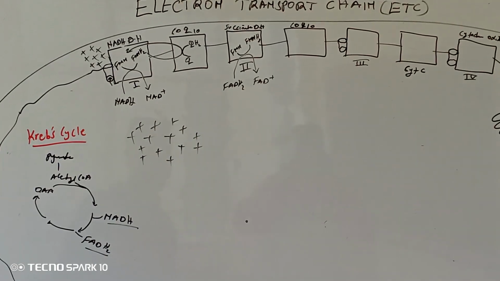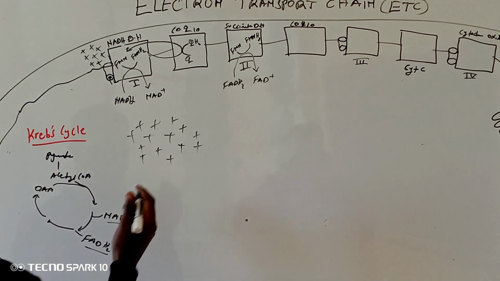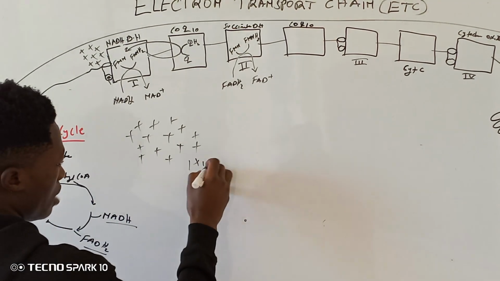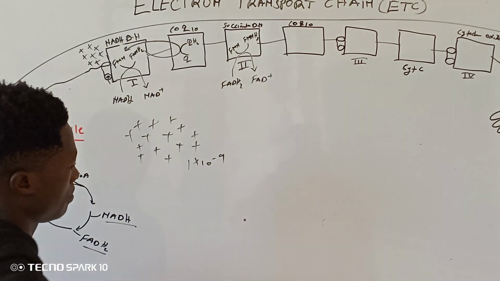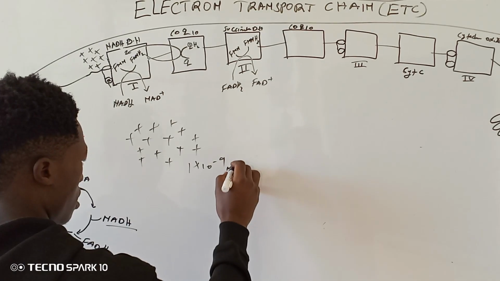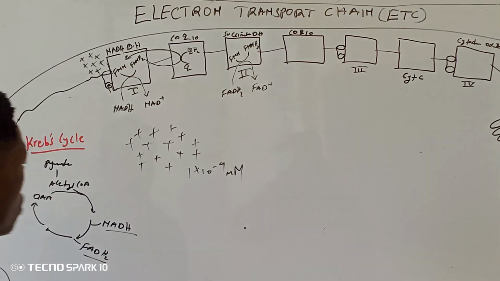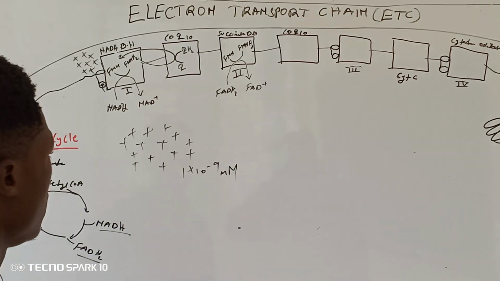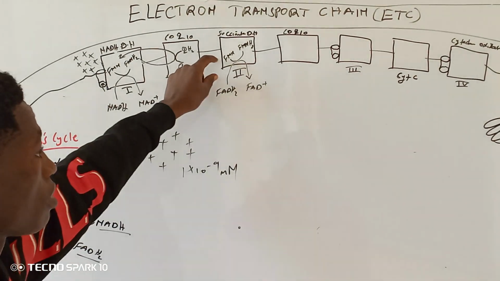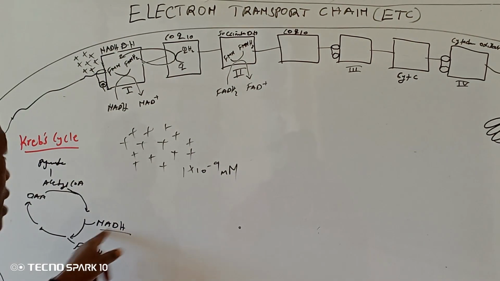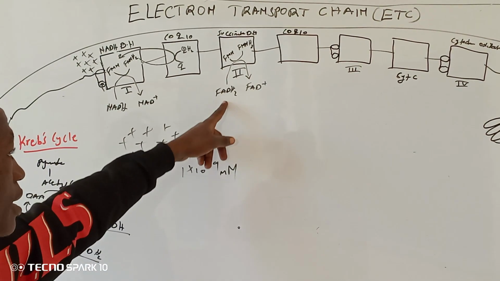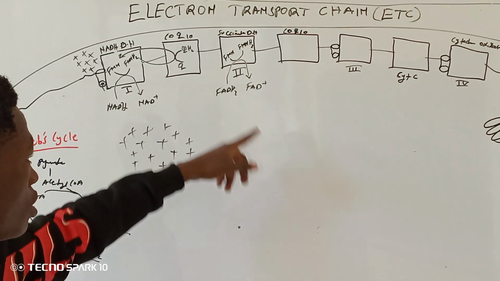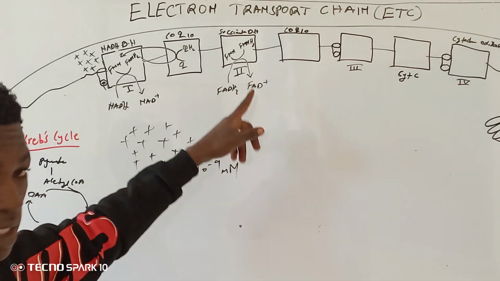Mostly inside the cell, the concentration of protons is about 1 times 10 to the negative 9 millimolar. So we want to see how we are going to create the concentration gradient so that we generate energy in the form of ATP. So FADH2 is going to come to complex 2, not complex 1, and NADH cannot come to complex 2. So it's only the FADH2 that unloads these electrons to flavin mononucleotide in complex 2.